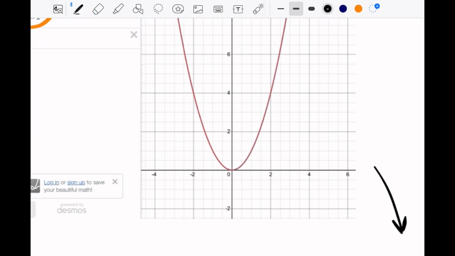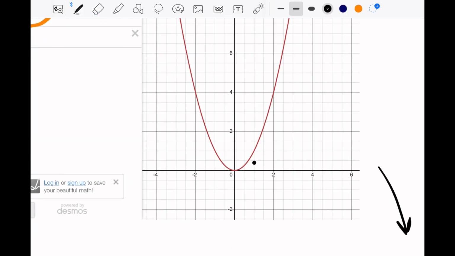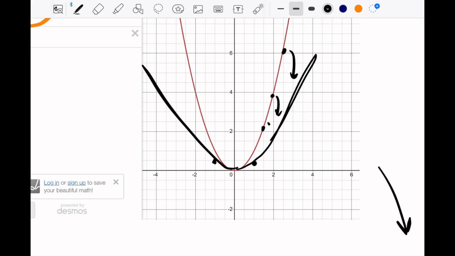In that case, every single one of our points would get multiplied by 0.3. And this would actually compress our graph, because it would make it wider, because for every single point we would have a factor less than 1.